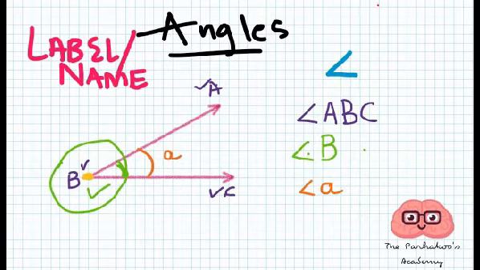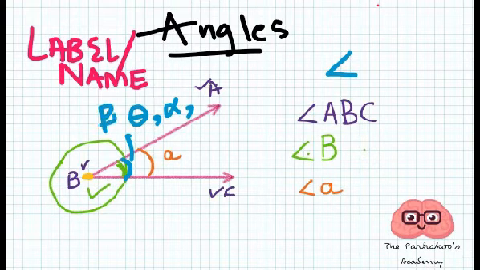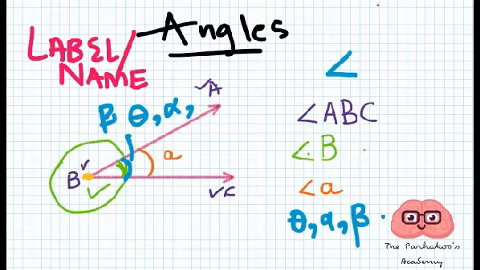And the other method could be by using any Greek letter like theta, alpha, beta, or any other letters. So these are different ways of labeling or notating an angle.